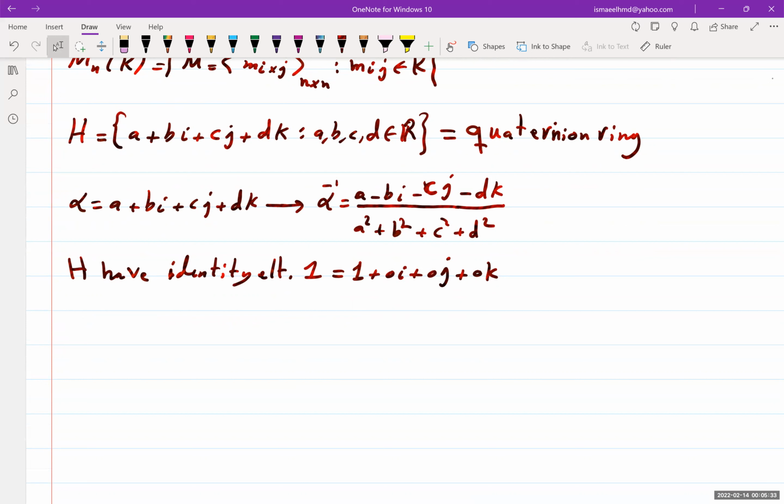So it's a division ring. A division ring means it is a field, but non-commutative, a non-commutative field.